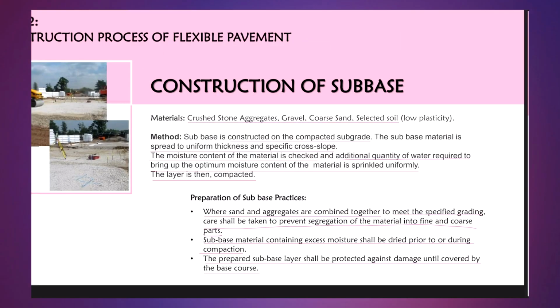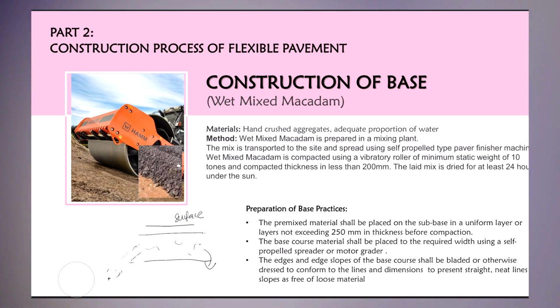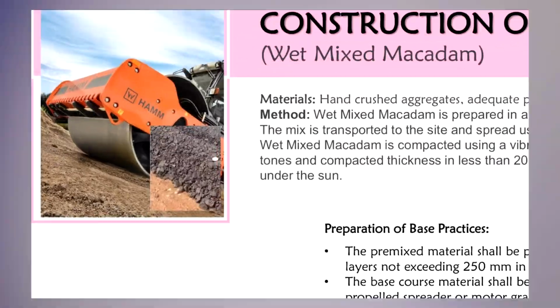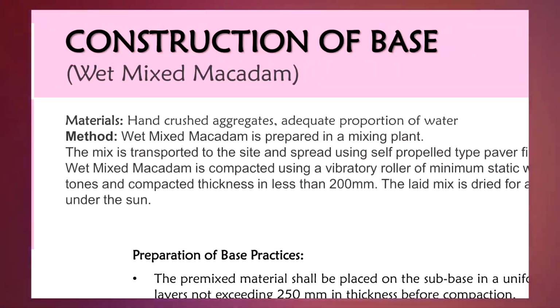Speaking of base course, let's move on to the construction of base. So the materials used for the construction of base usually consist of hand-crushed aggregates and an adequate proportion of water. The method is wet mixed macadam is prepared in a mixing plant.